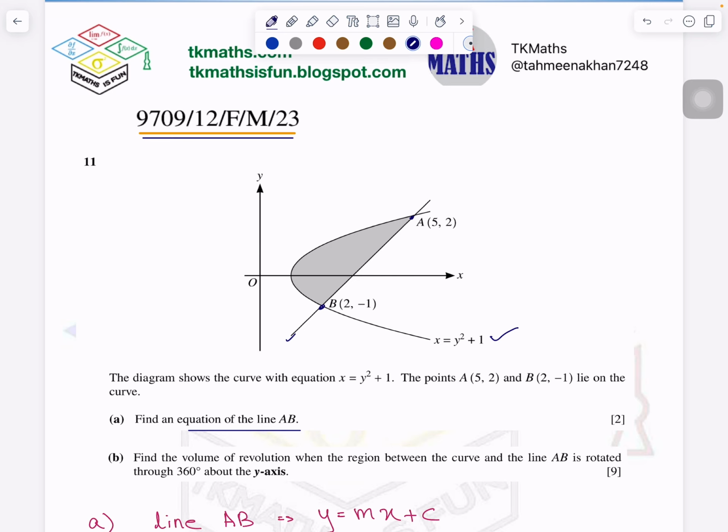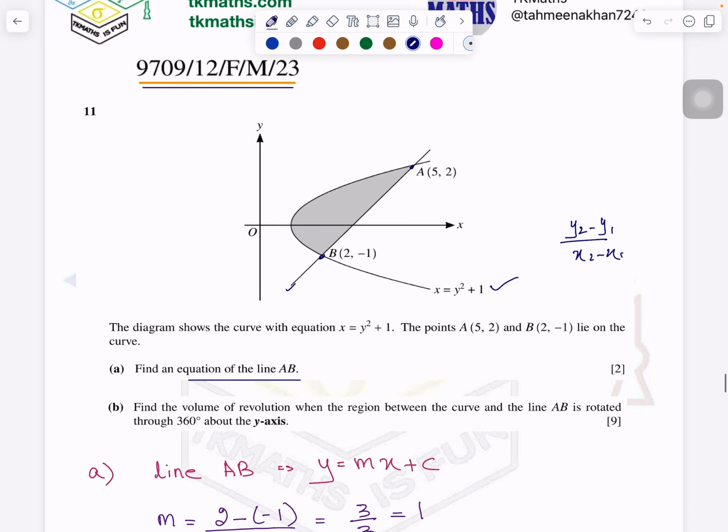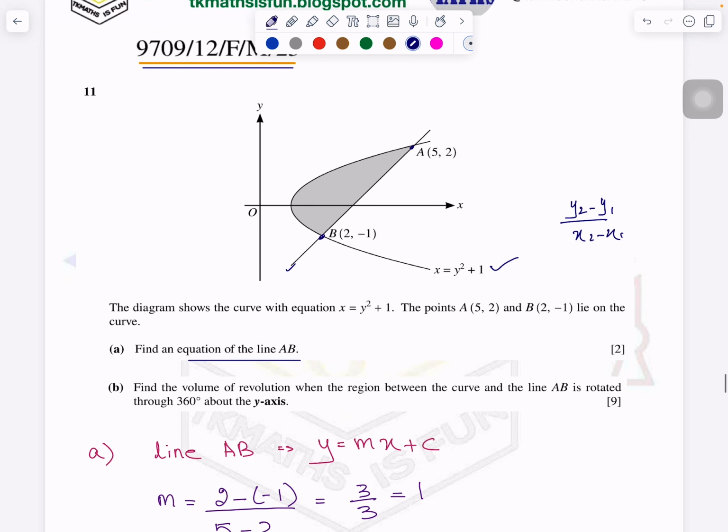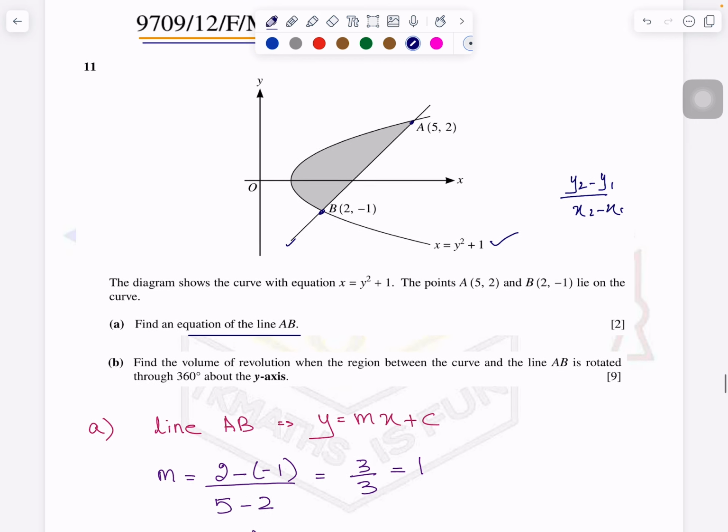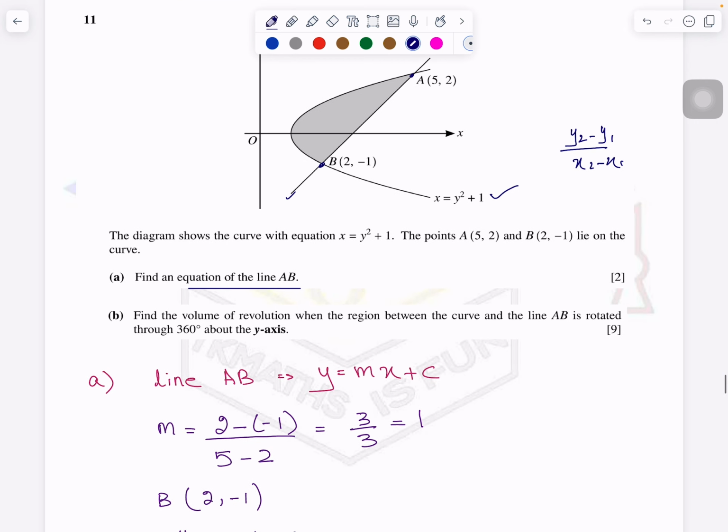You will find the equation of the line with the help of the gradient, and you know the gradient formula, y2 minus y1 over x2 minus x1. And then you can use any point to find the equation of the line. I have done that part here for you. You can see the gradient is coming 1, and I have taken the point 2 comma minus 1.